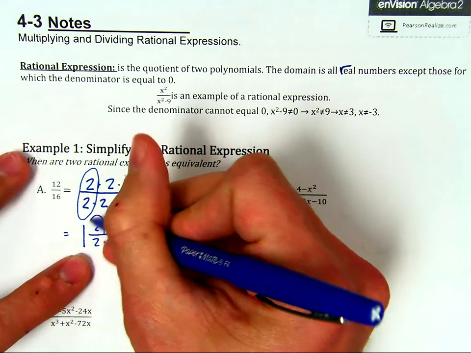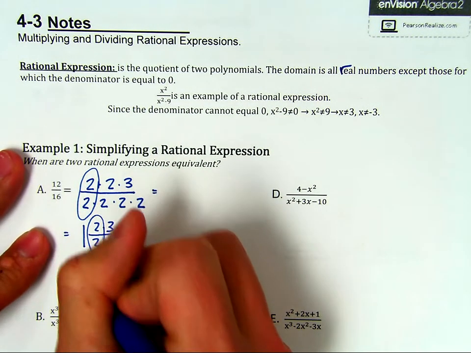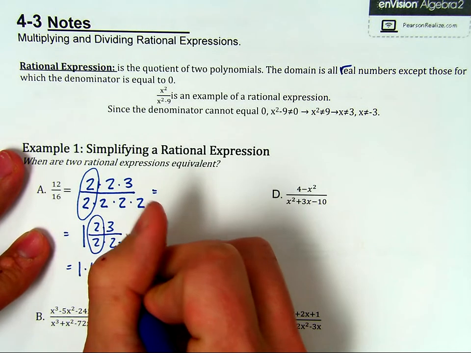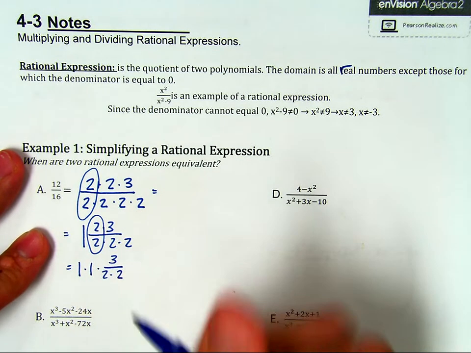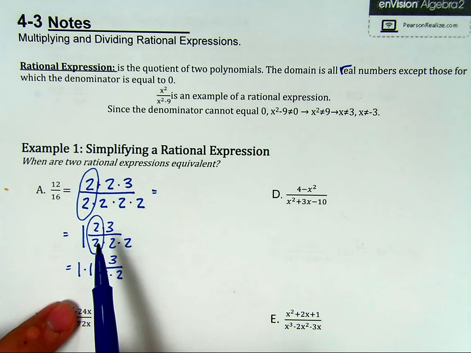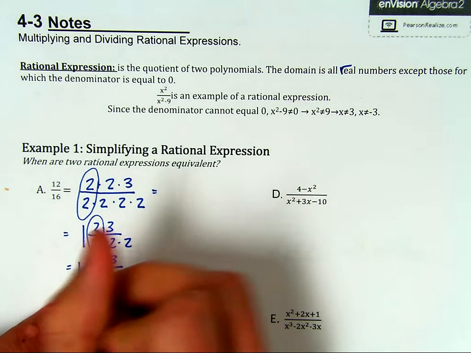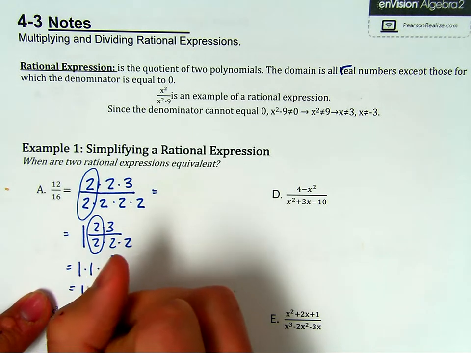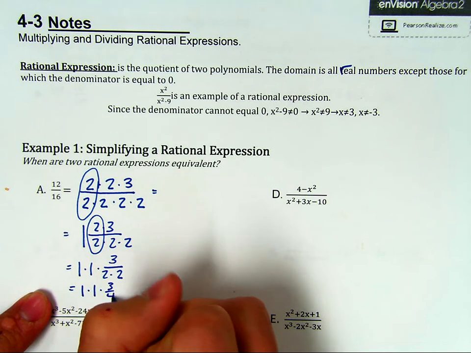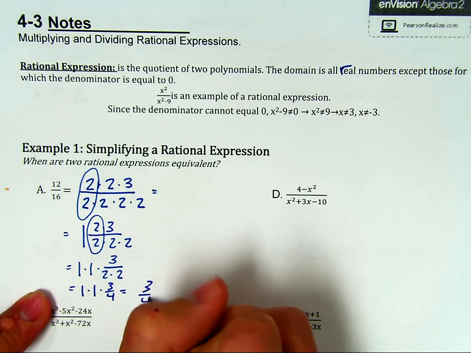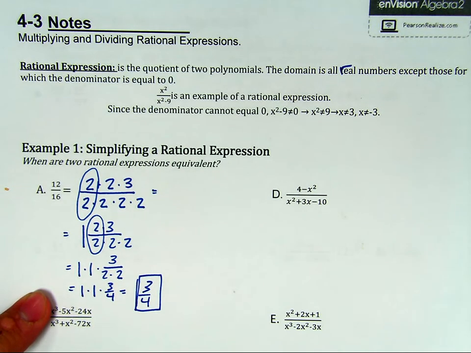Over here, you group another one, and you end up with 1 times 1 times 3 over 2 times 2. The reason you can do that is because 2 divided by 2 is 1. So ultimately we end up with 1 times 3 over 4, which is just 3/4. So you reduce the fraction to 3/4.